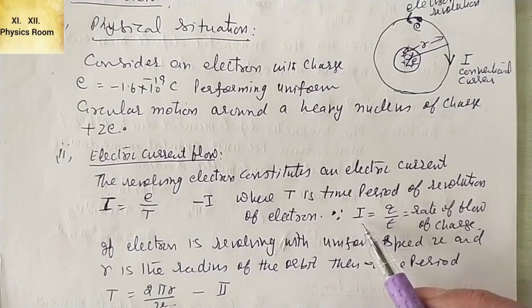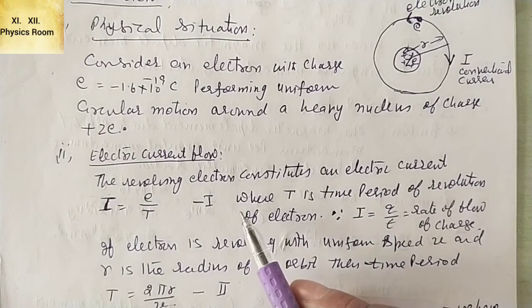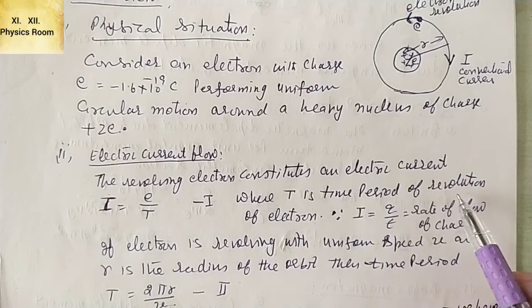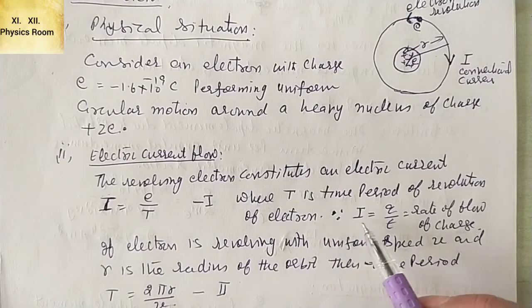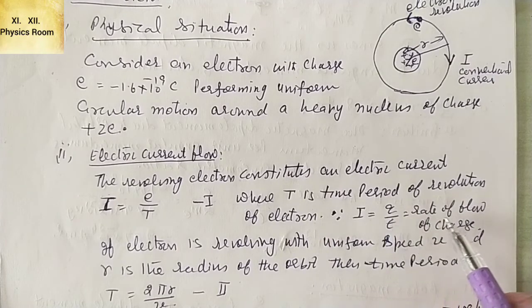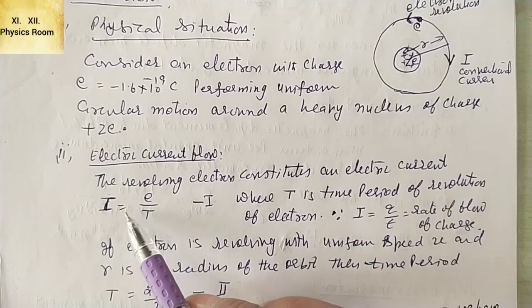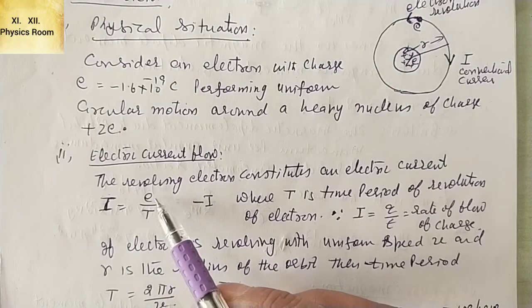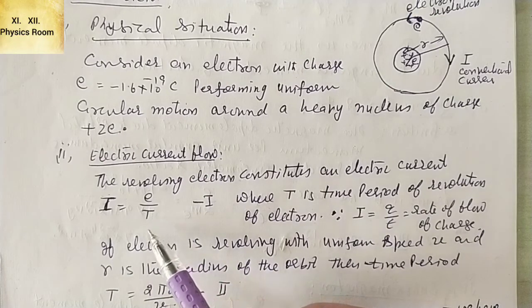I is equal to q by t, rate of flow of charge, so we write I is equal to e by T.